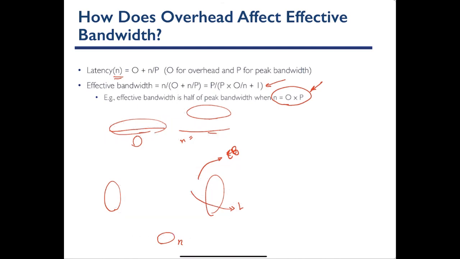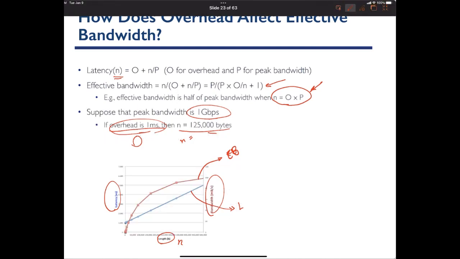What is happening here is I am trying to get to this half maximum, right? So if this is my effective bandwidth, getting to 50% of it is somewhere there. No, actually, this is 50, 60.